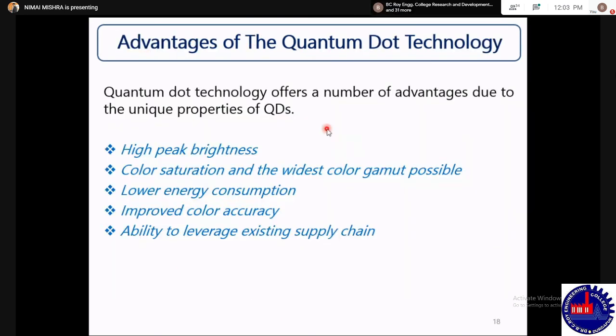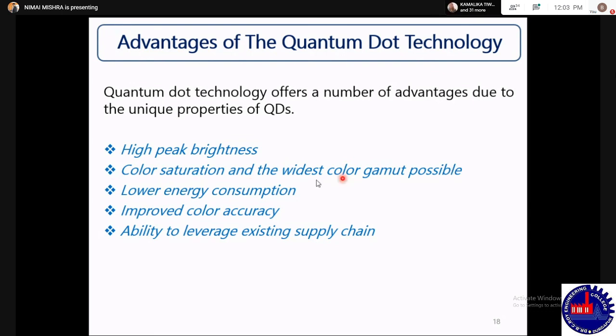I think I have given a very good overview of how in nanocrystals and semiconductors we can engineer in the laboratory, in the cooking chemistry, make the material, and then integrate it into devices, and that has now become household, right, in your household. The advantages we discussed in the beginning of this quantum dot technology are high peak brightness, because the color is very pure, color saturation, and color gamut.